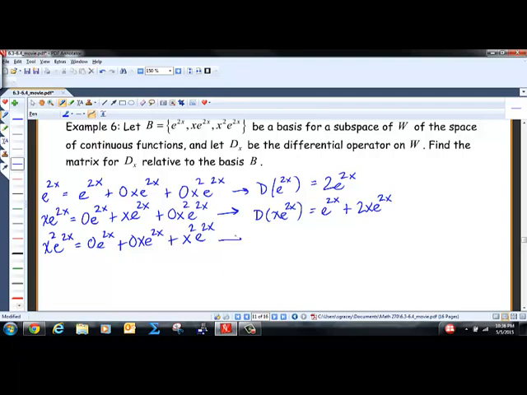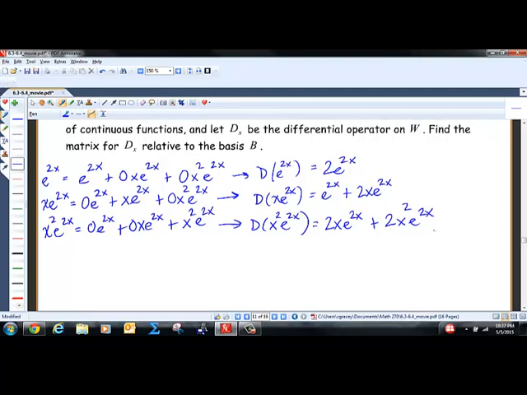And then thirdly, we will have the first and second term zeroed out, and we'll end up with 2x e to the 2x plus x, do you see, 2x squared e to the 2x after differentiating. Good so far?